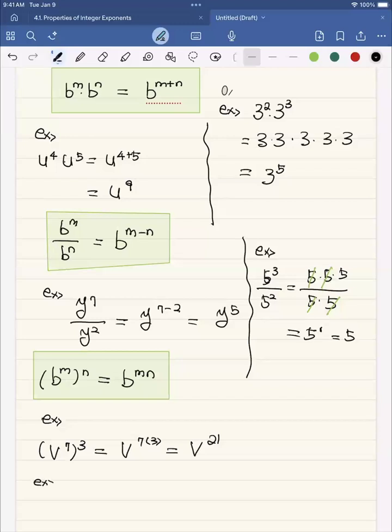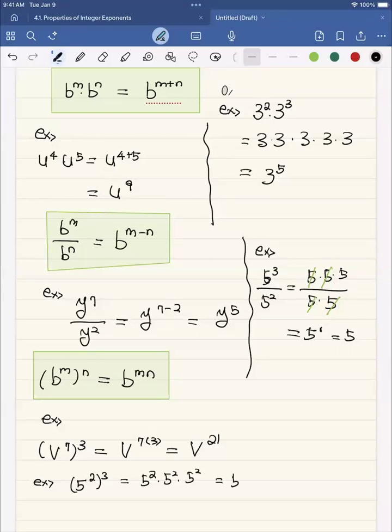If you want to think about that with numbers, then that'll be 5 squared cubed. What does that mean? 5 squared is multiplied 3 times.